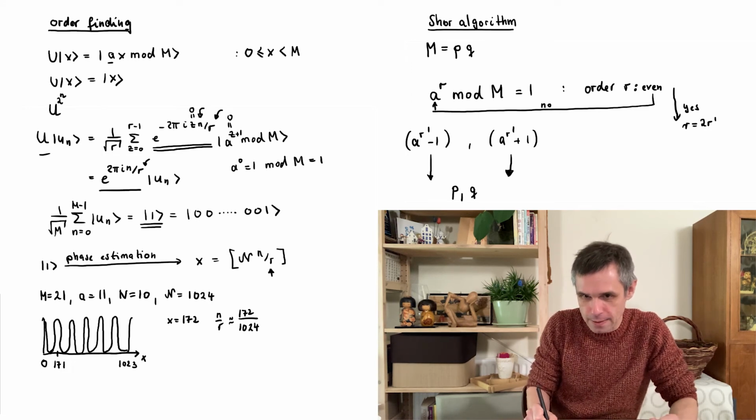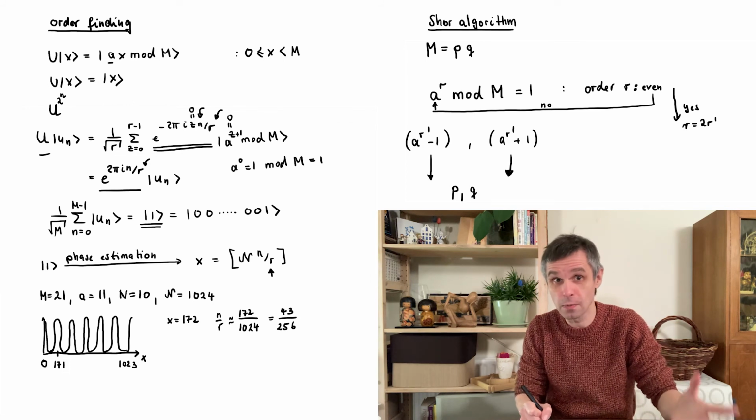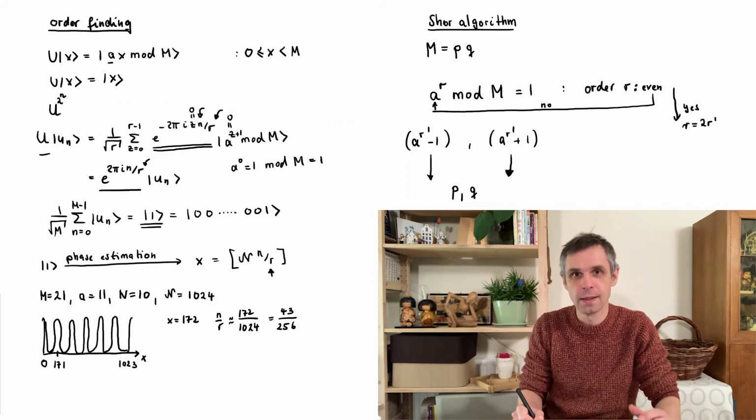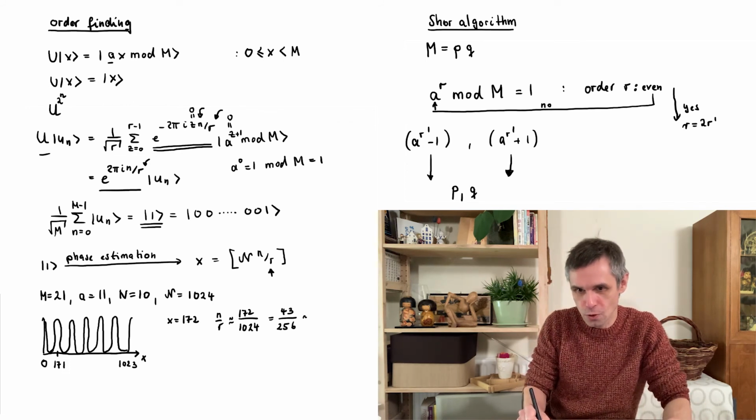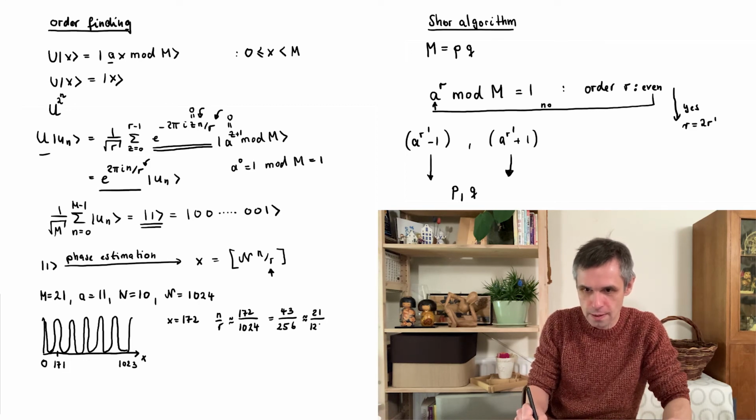And that's actually the same as 43 divided by 256. So there are just some multiples of 4 that we can cancel immediately. Then we can apply continued fractions to obtain some other rational numbers close to this. And we indeed carried this out exactly for this example and obtained these two candidates here.